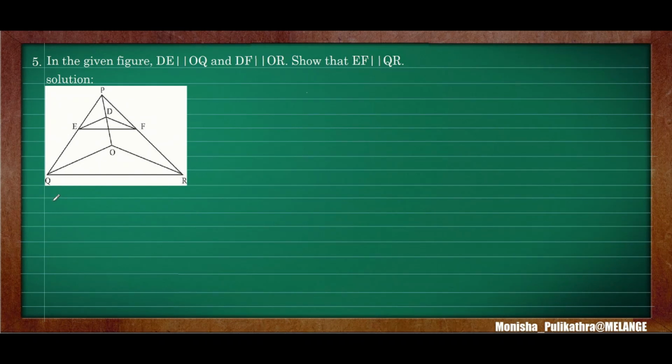Okay. So we need to simplify the problem one by one. In the first case, we need to take triangle POQ. In triangle POQ, DE is parallel to OQ.